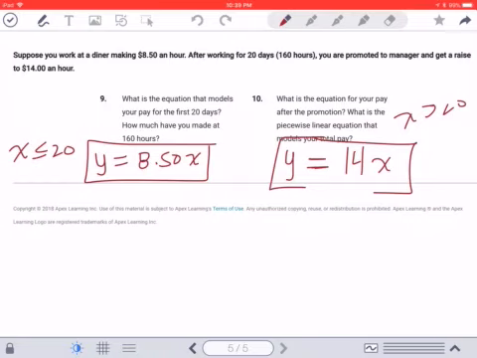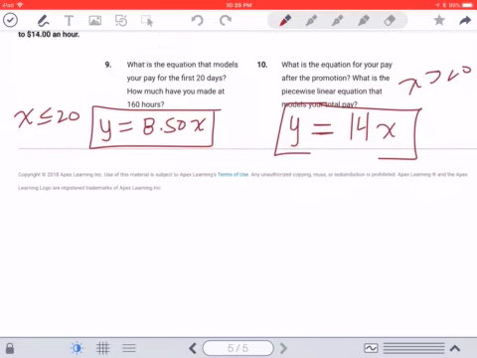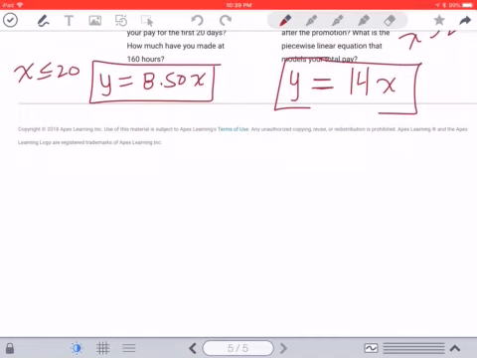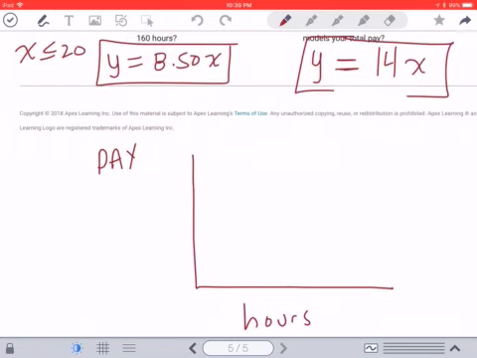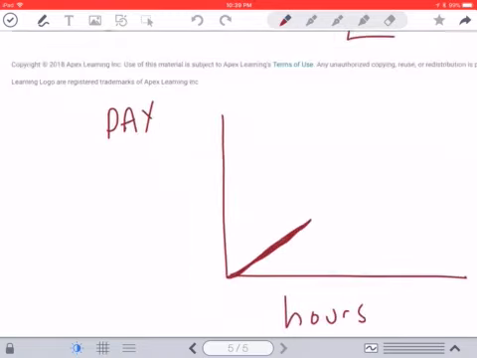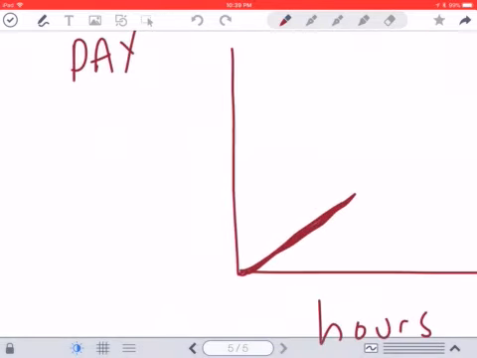So I don't know if it says sketch it, but we can just sketch this out here since there's an open space here. So this would be your hours worked. This would be your pay here. Okay, the first part of the graph would look like this. So this would be you're making $8.50 an hour up until 20 hours. So the slope is 8.50.